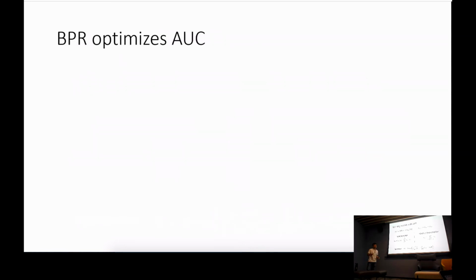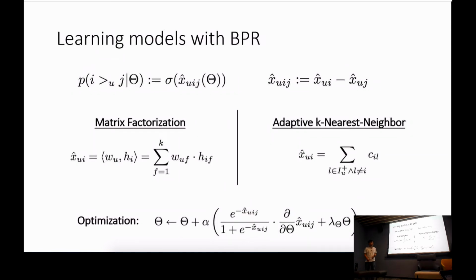How do you compute c_il? c_il is the parameters. In this particular case, it can be fixed, or it can be learned. If fixed, you have some item features, for example, then c_il is the similarity score between two items.